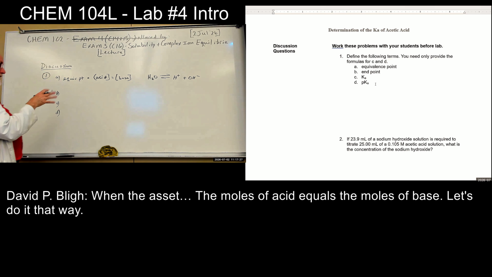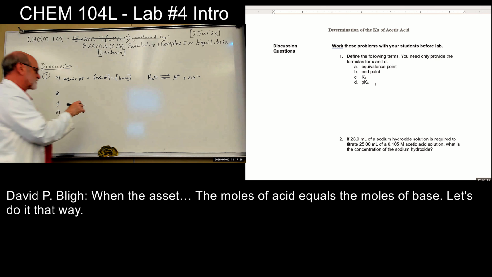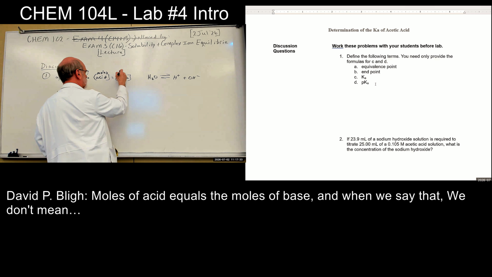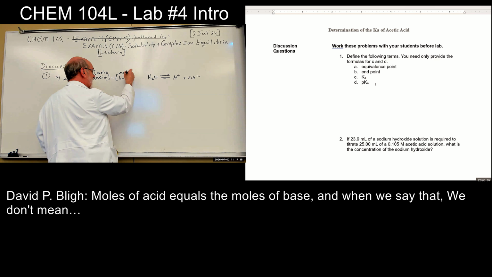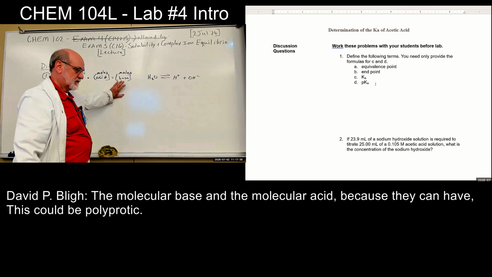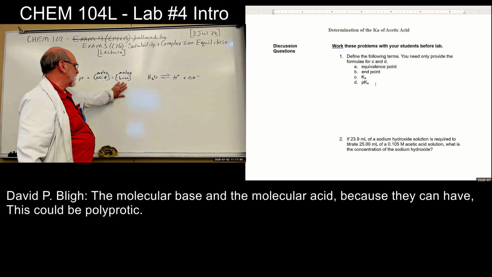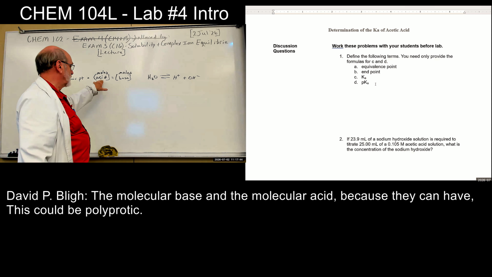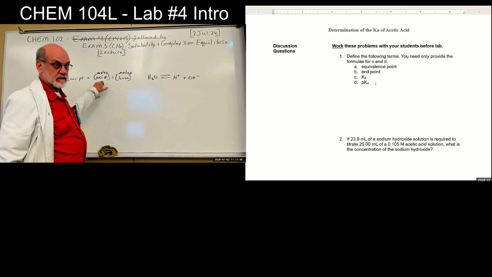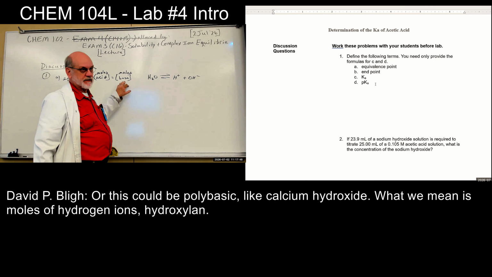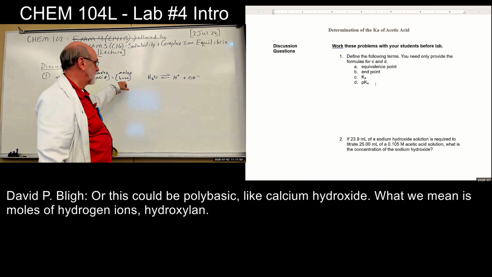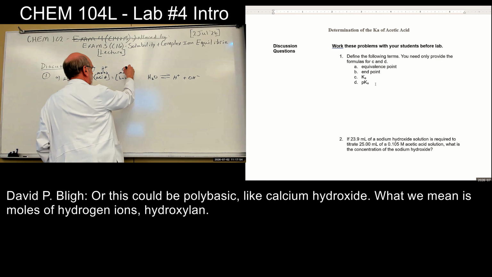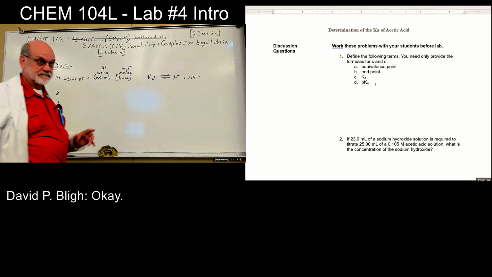When the moles of acid equals the moles of base. Let's do it that way. And when we say that, we don't mean the molecular base and the molecular acid, because this could be polyprotic, or this could be polybasic, like calcium hydroxide. What we mean is moles of hydrogen ions and hydroxyl ions.